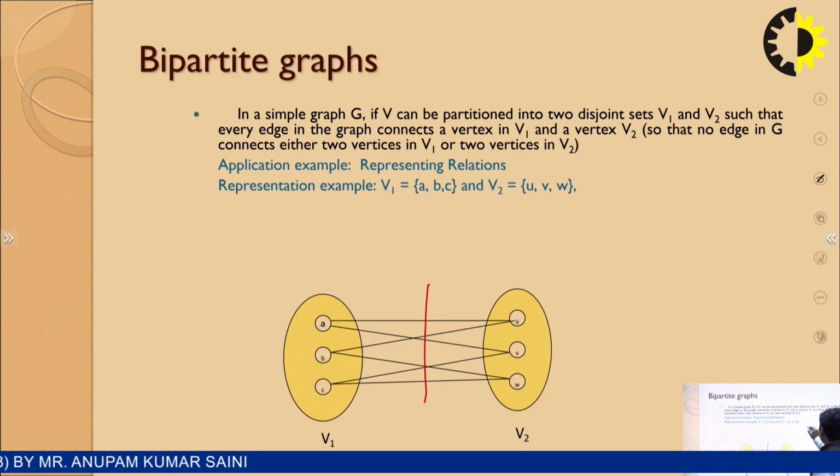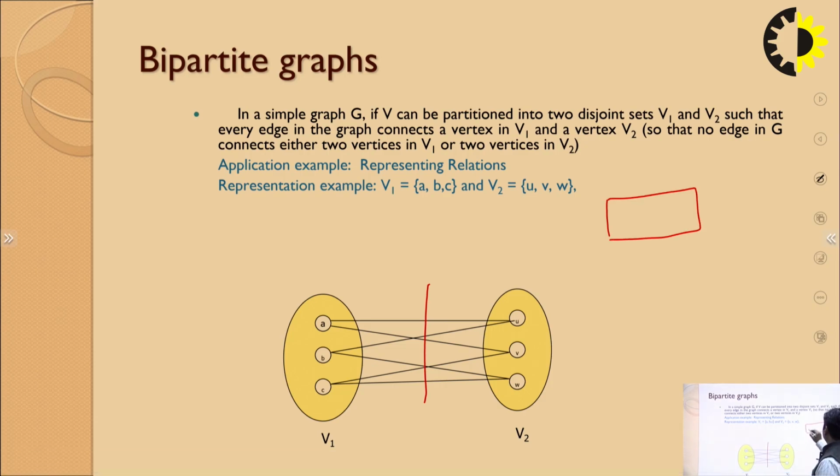For example, this is graph G with vertices A, B, C, D. If you divide this graph in such a manner that all the vertices are divided into two parts, V1 and V2.